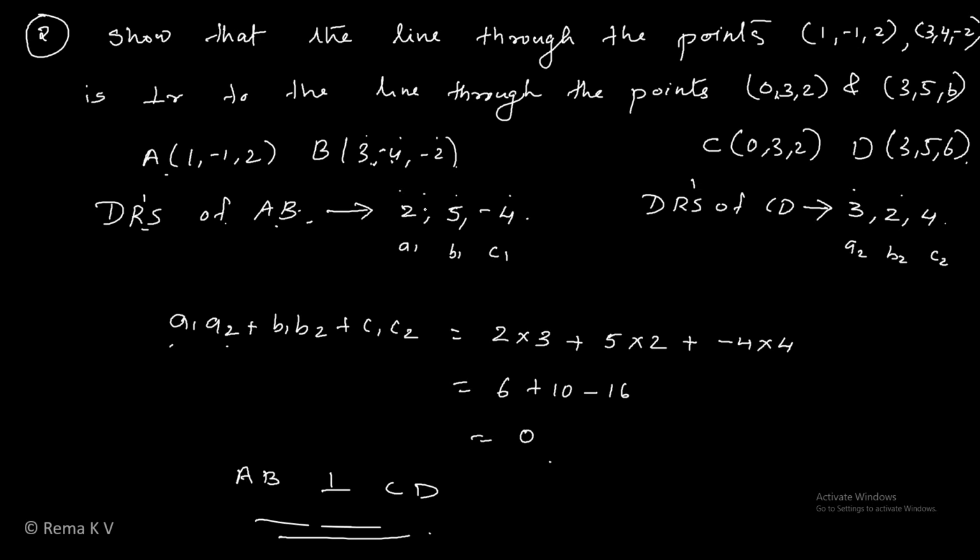Similarly, you can find the direction ratios of the line CD. Then if A1A2 plus B1B2 plus C1C2 is equal to 0, you can say that the two lines are perpendicular. If A1 by A2 is equal to B1 by B2 is equal to C1 by C2, you can say that the two lines are parallel. Okay, let us move to another question.